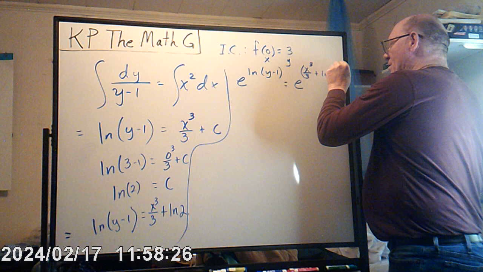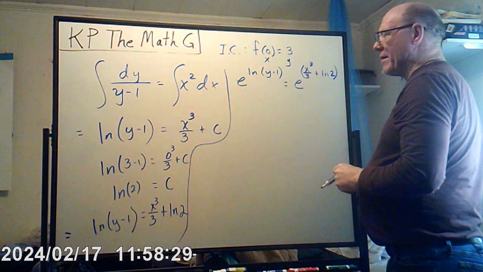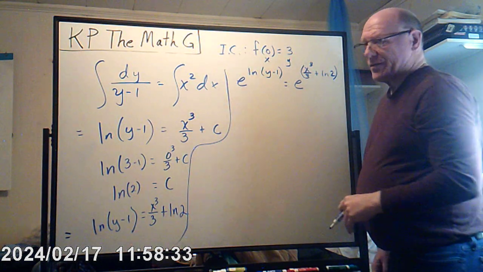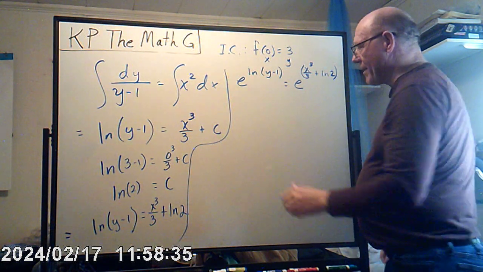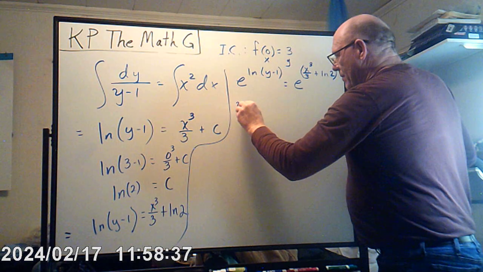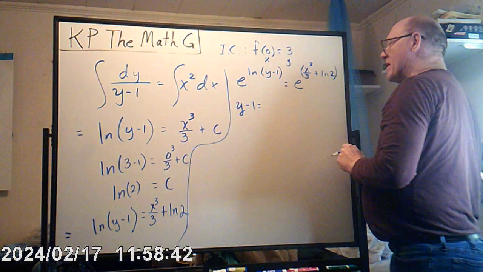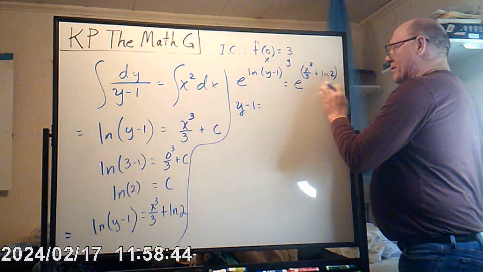And that's all one quantity there. Alright, e to the ln, what's that going to bring us to? y minus 1, correct. y minus 1 is equal to, now we come to this part right here.